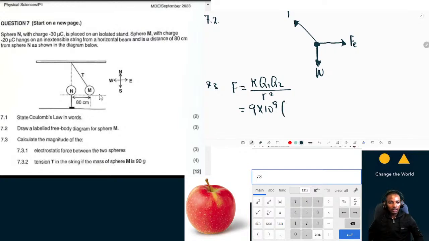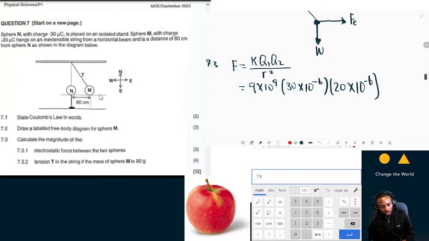Then Q1 is 30, and micro means 10 exponent minus 6. So we need to convert that charge into SI units. Then the second charge is 20 times 10 exponent minus 6. Then the separation is equal to 0.8 meters all squared.